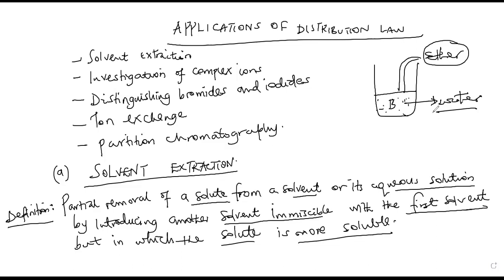But we are going to realize that out of the extraction solvents used, ether is normally used, and we want to cover the reasons why we prefer using ether. Ether is preferred because of the following reasons. One, it is very volatile, and therefore can easily be distilled off. Two, ether is a good organic solvent.